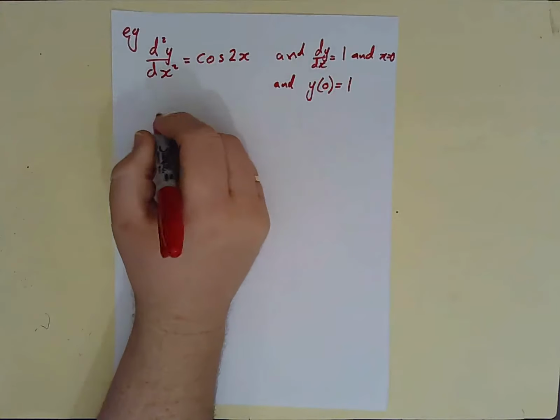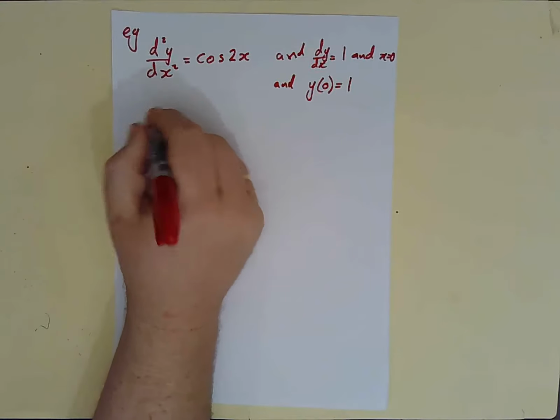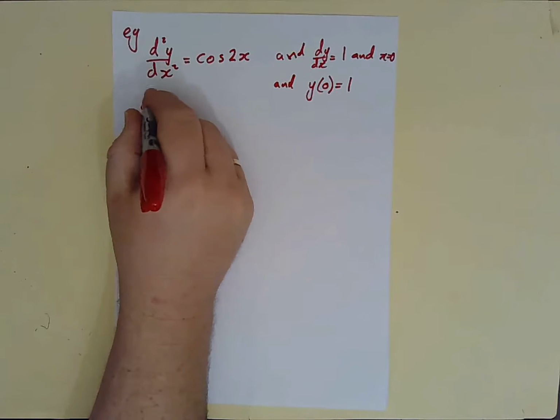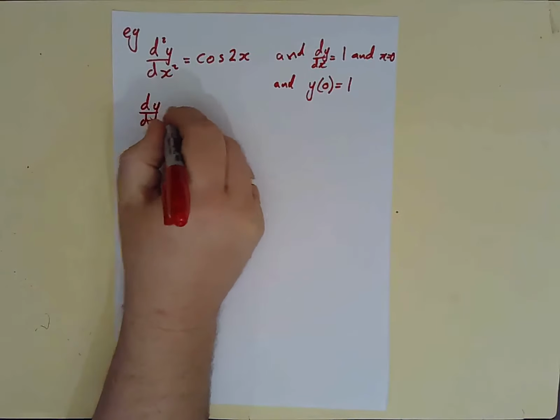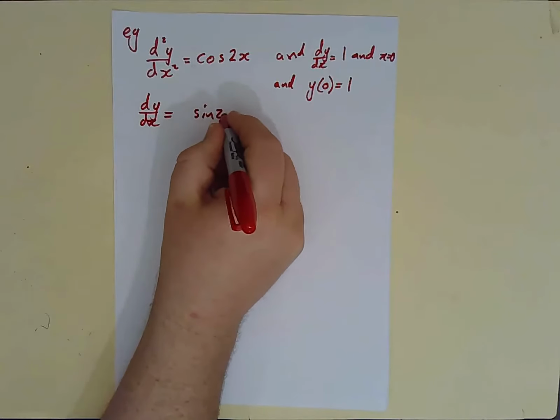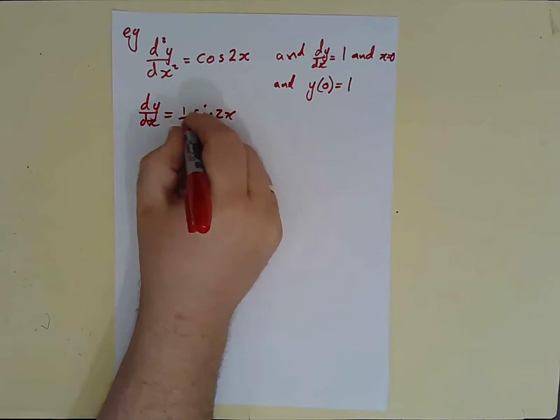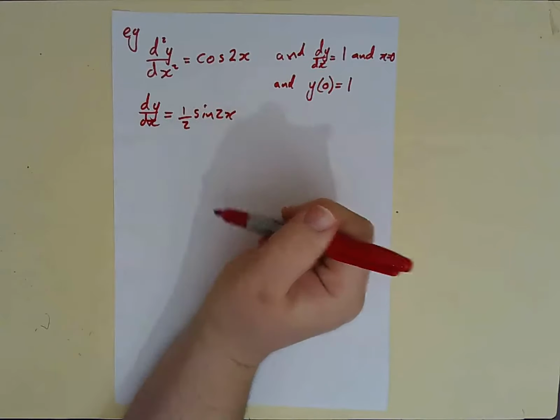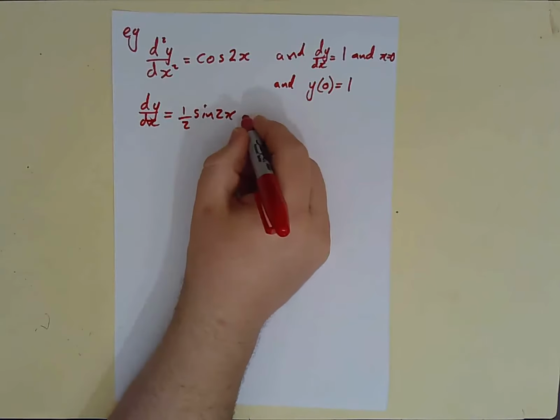So integrating cos, the first integral, we end up with dy dx rather than the second derivative, and that becomes a sine of 2x, dividing by the 2, but we also need the unknown c.